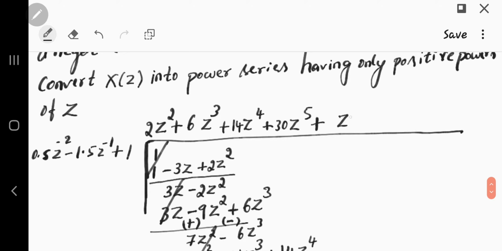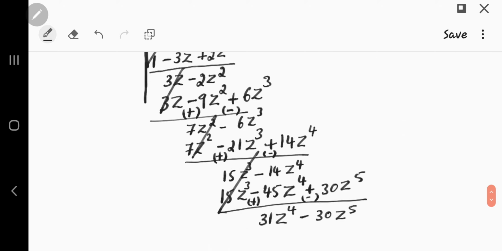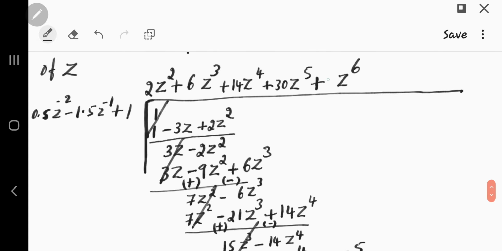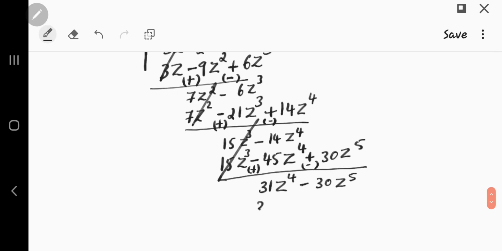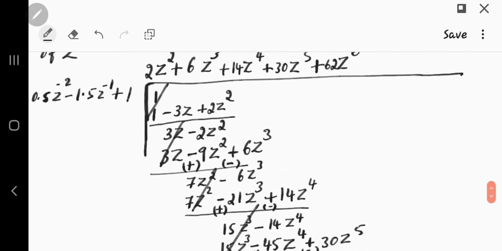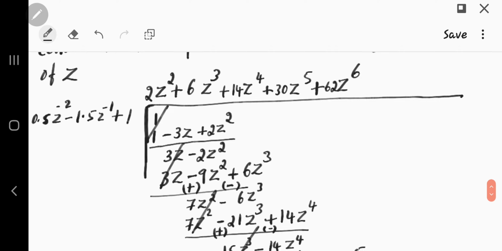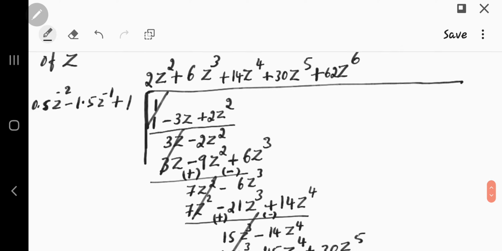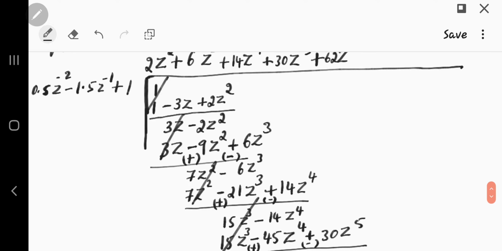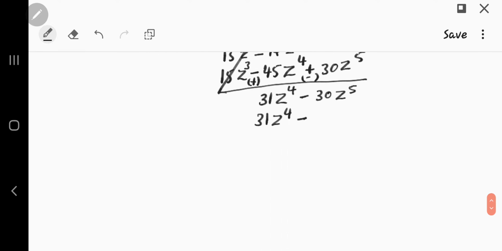I should go with z to the power of 6. 31 is there, so I have to multiply this with 62. 62 into 0.5 will give you 31z to the power of 4, minus 1.5 into 62, I think we should get 93 z to the power of 5, plus 62z to the power of 6.